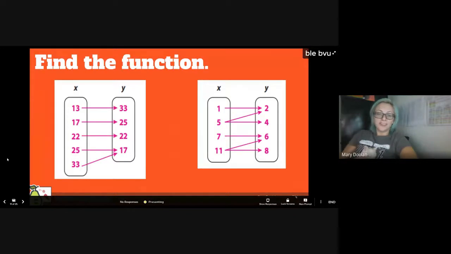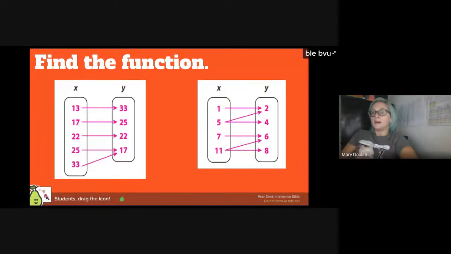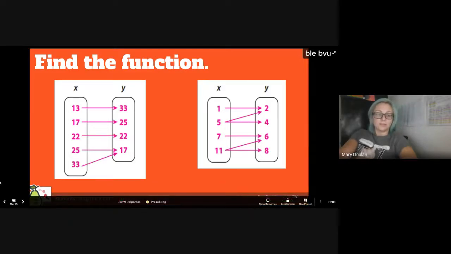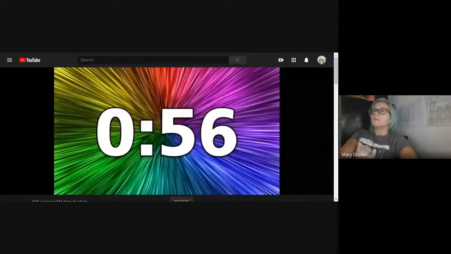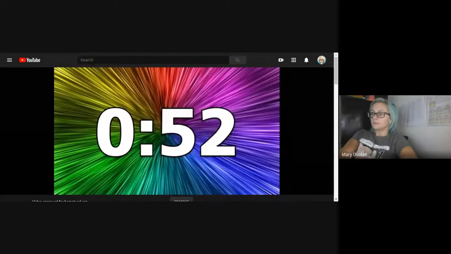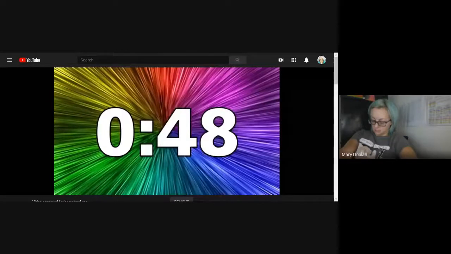All right, you're going to find the function now. Again, you're going to drag your thumbs up. One of these is, one of these is not. Put your green thumbs up on the function. Which one is a function? Okay, so you should be back in your Pear Deck tab.